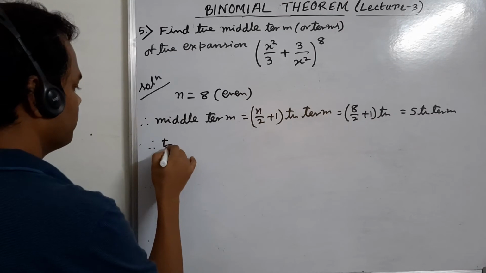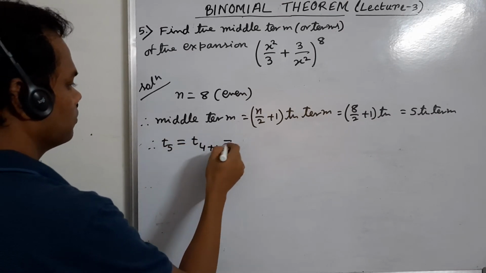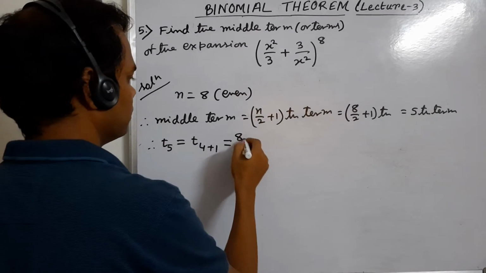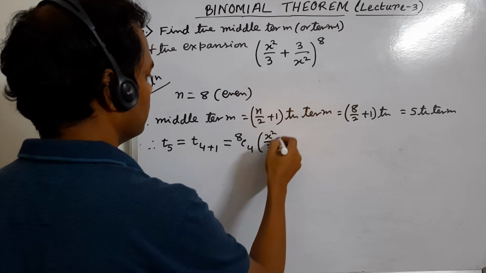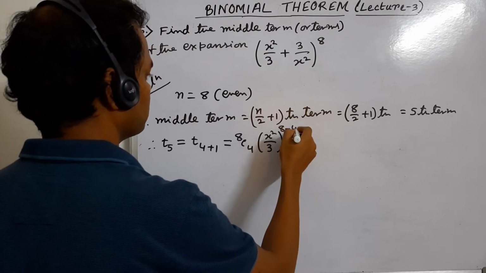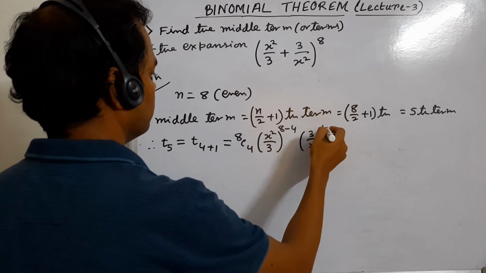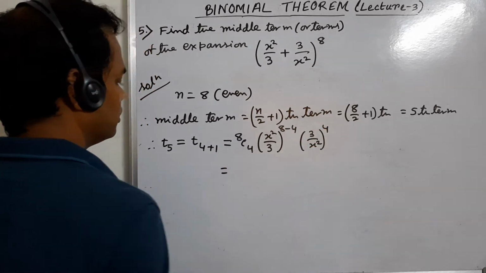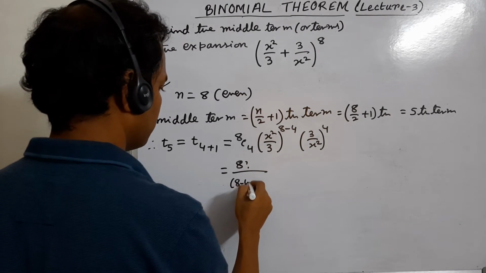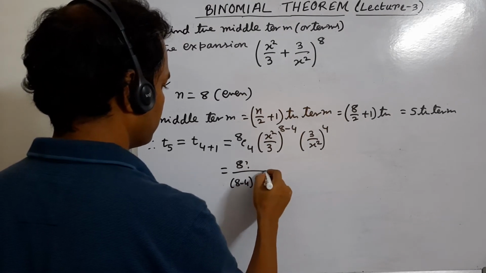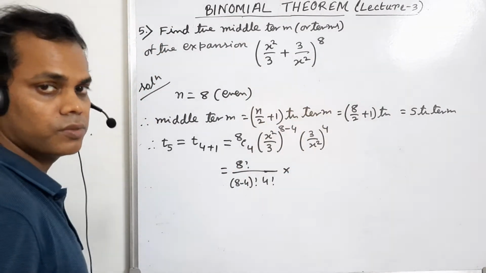Therefore T5 is equal to T of 4 plus 1, so 8C4 (x square by 3) whole to the power 8 minus 4, (3 by x square) whole to the power 4. So 8C4 is 8 factorial by (8 minus 4) factorial into 4 factorial, into (x square by 3) whole to the power 8 minus 4, which is 4.